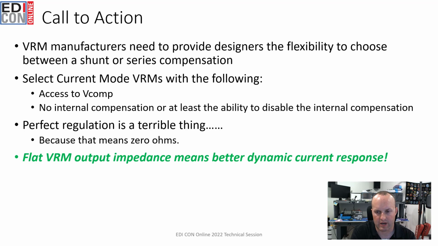If they have internal compensation, make sure you can disable it. Remember, perfect regulation is a terrible thing because that means your impedance is 0 ohms. That's not possible. The takeaway here is to design your VRM to have a flat output impedance as part of your PDN in order to ensure the best overall dynamic current response.